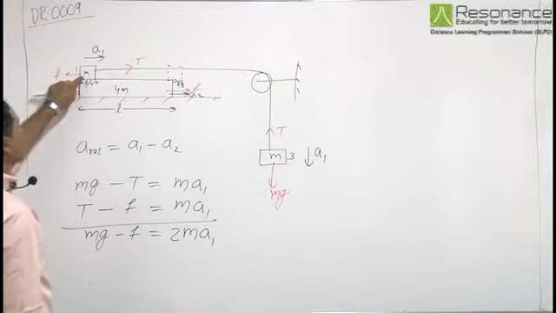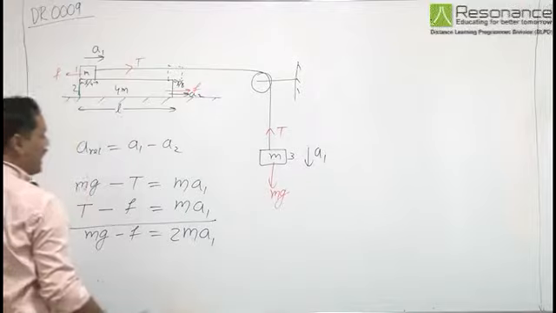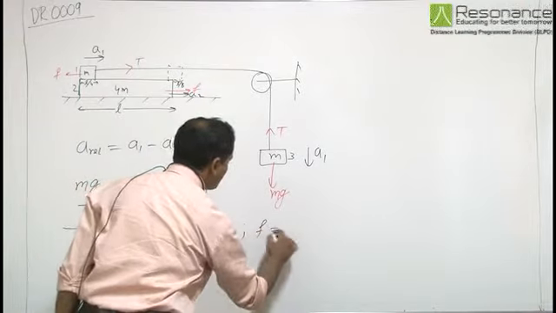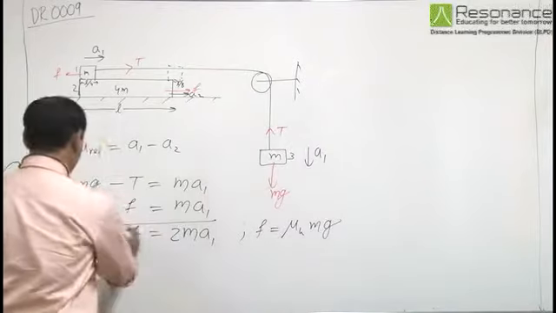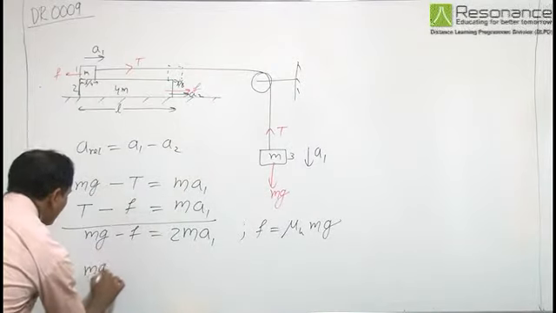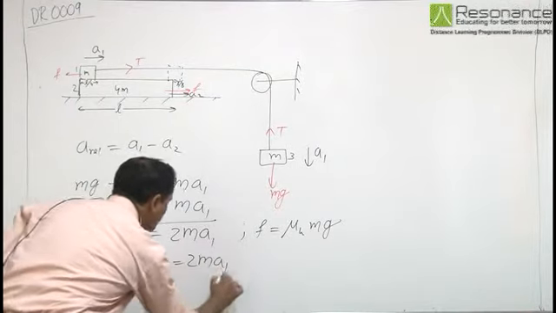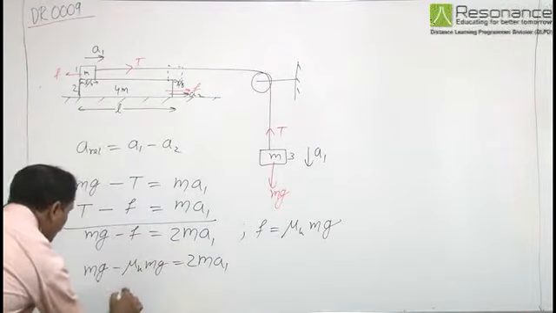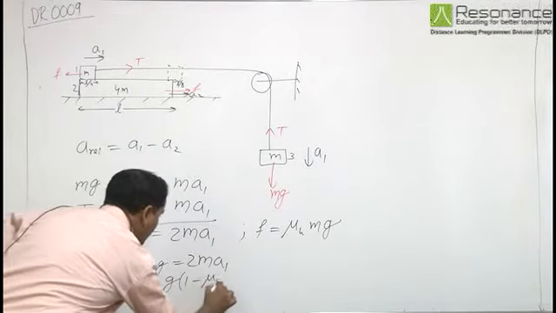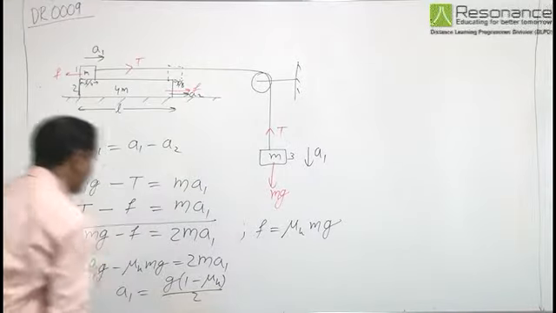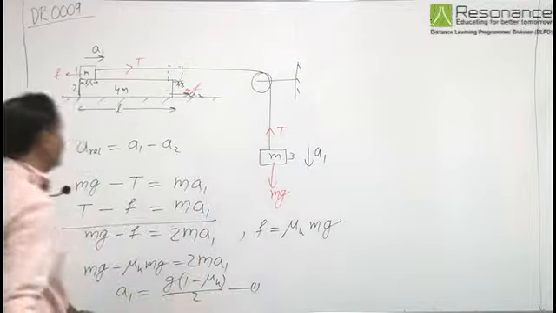As block 1 is moving with respect to 2, friction is maximum, it is limiting friction, and it is mu k mg. So we can write mg minus mu k mg is equal to 2ma1, or a1 is equal to g into (1 minus mu k) by 2. This is the acceleration of block 1.